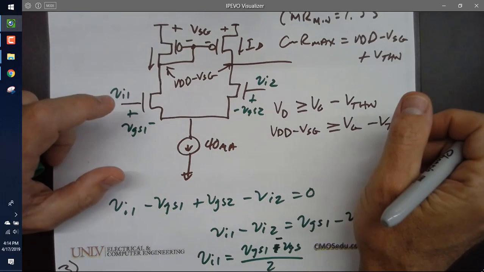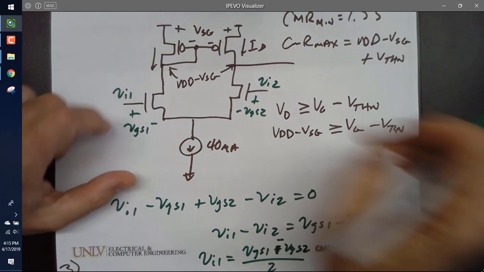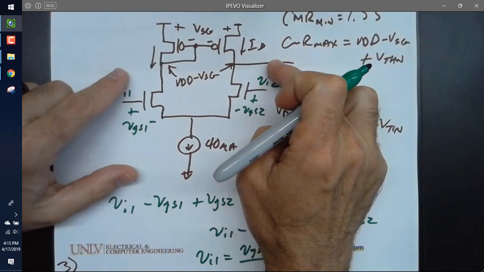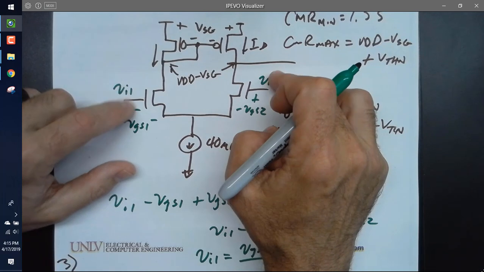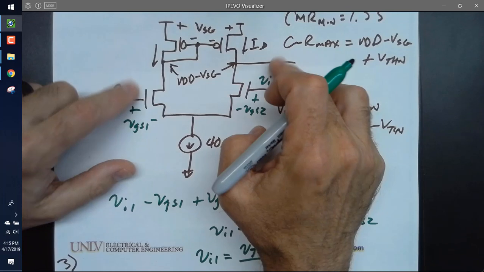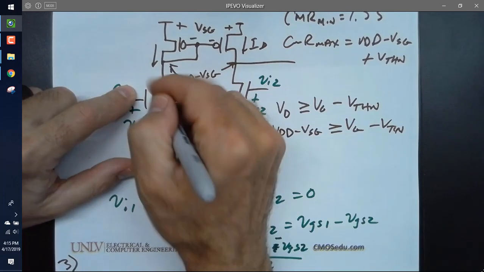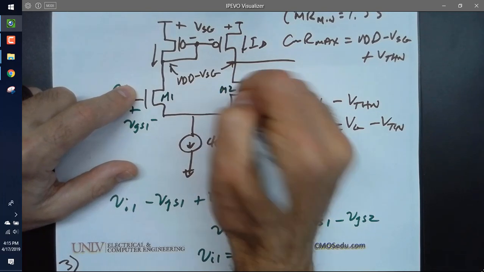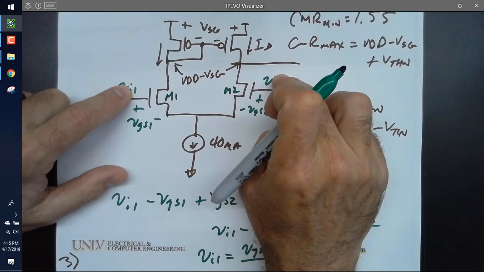Wait, so, yeah. Let me think about that for a moment. If I put the same voltage here and I move them back and forth, then VGS1 and VGS2 are. If I make the same voltage on the gates of M1 and M2, then V1 and V2 are equal.